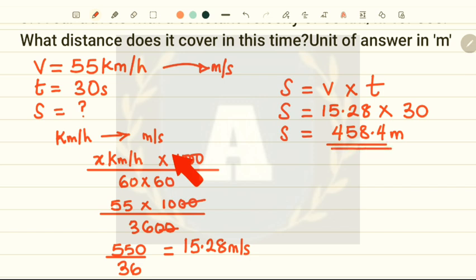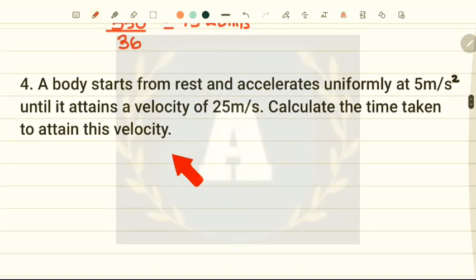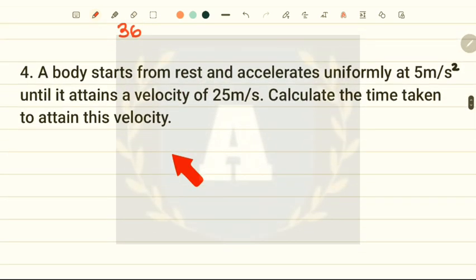So that marks the third question, and we quickly move to the fourth question, which says a body starts from rest and accelerates uniformly at the rate of 5 meters per second squared. The body starts from rest, and we learned in the previous video that when a body starts from rest, its initial velocity, with the symbol u, will be 0.